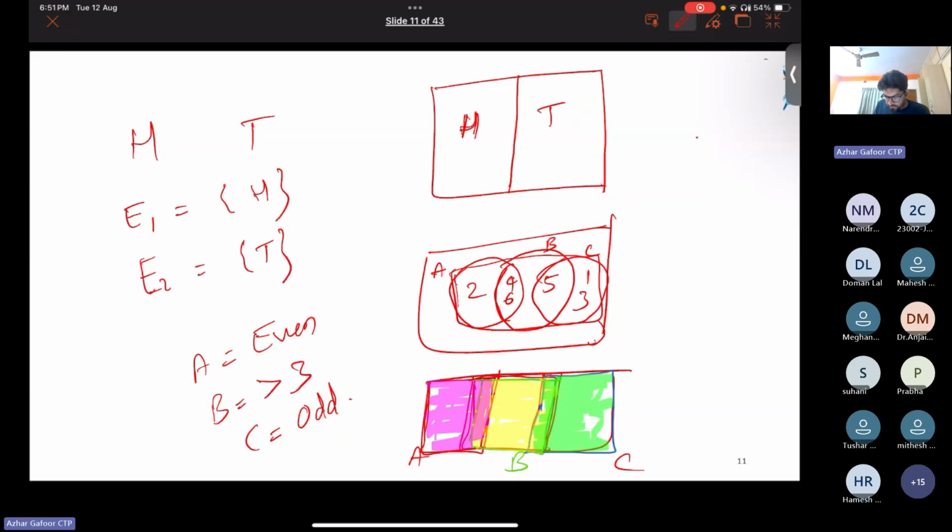So A is even, so it has 2, 4, and 6. Then B is greater than 3, so it will have 4, 5, and 6.